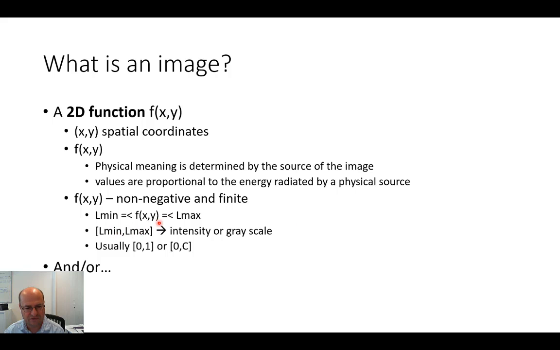The limits of these functions are the intensity or grayscale values. They are usually bound from 0 to 1. They are normalized to 1, or they can be normalized to any other values. That depends on your algorithm, that depends on your specifications.